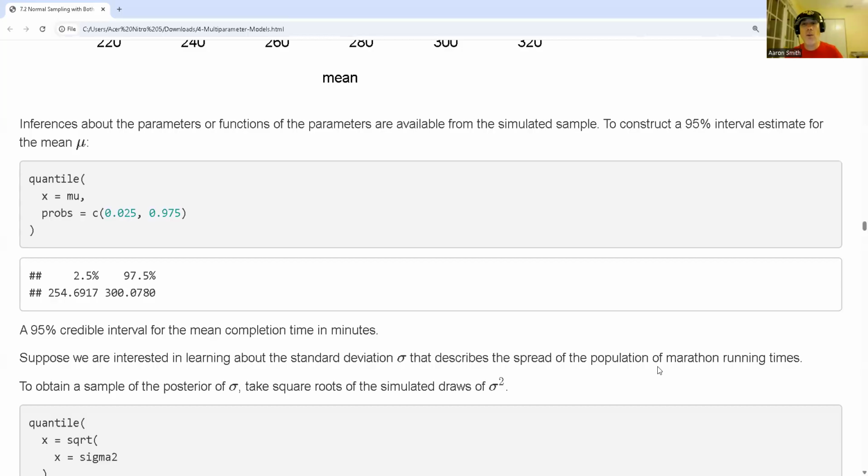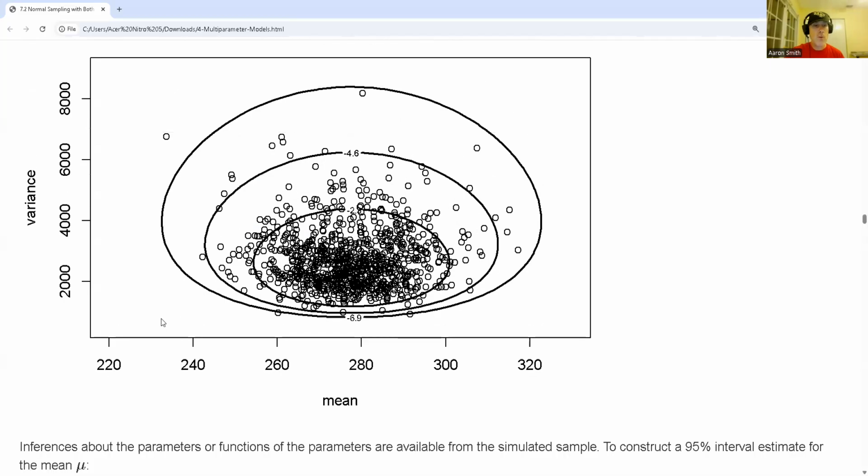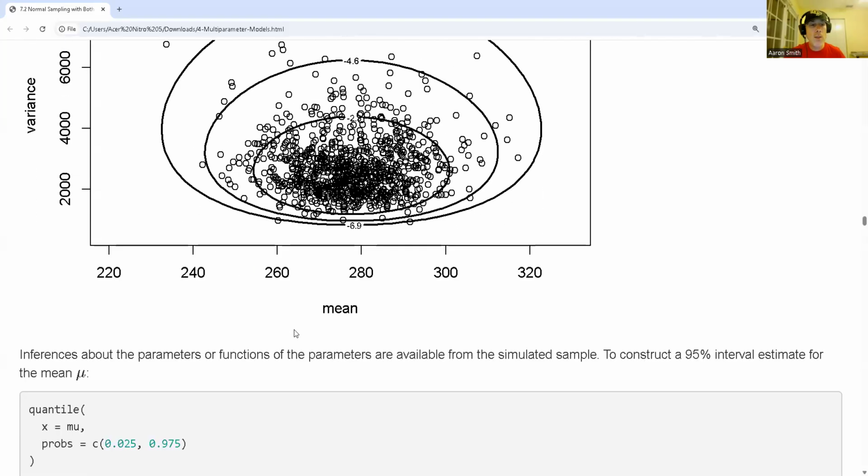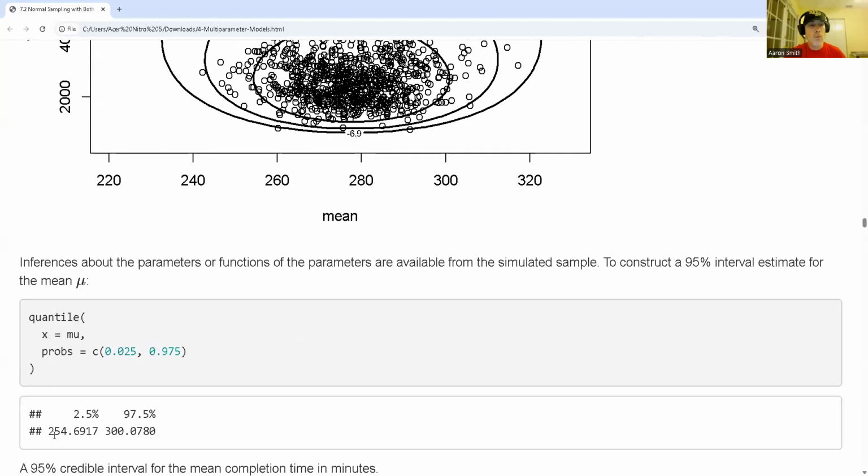So let's go ahead and construct a 95% interval estimate of the mean. I'm going to take the mean value of the dots, that's the x coordinate here, and I'm just going to do a 95% interval on here. Boom, look at that. So I believe between 255 and 300 is my 95% interval.